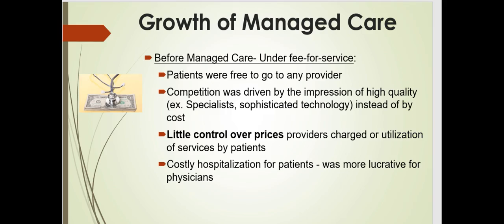Insurers were passive payers of claims, and there were inefficiencies absorbed by raising premiums. Then third, focus on illness rather than wellness. So there was little emphasis on prevention and more focus on what was lucrative for physicians, and how it was lucrative for physicians to hospitalize their patients.